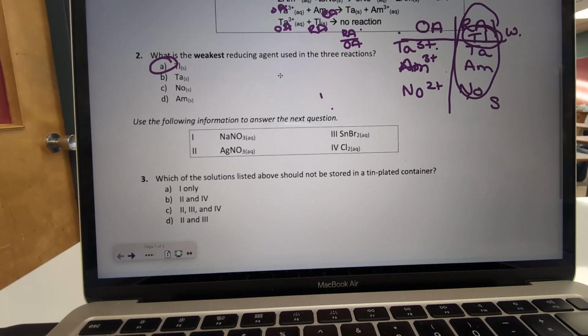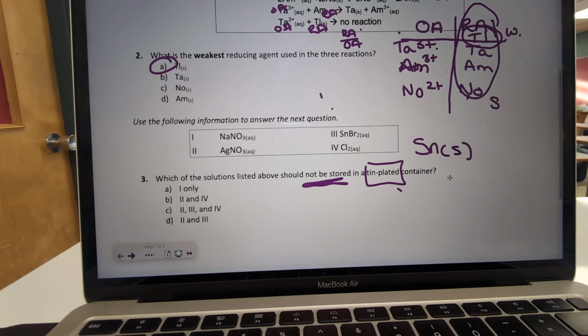I think this last question is a good one to go over because it does come up quite often in a diploma style question. This is actually an old diploma question. It gives you a list of compounds in aqueous solution and asks what should not be stored in something that is tin plated, meaning your tin is Sn solid.